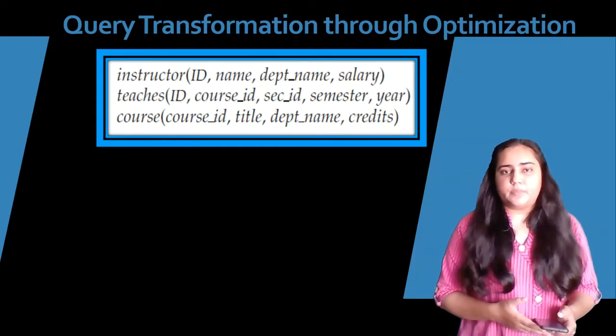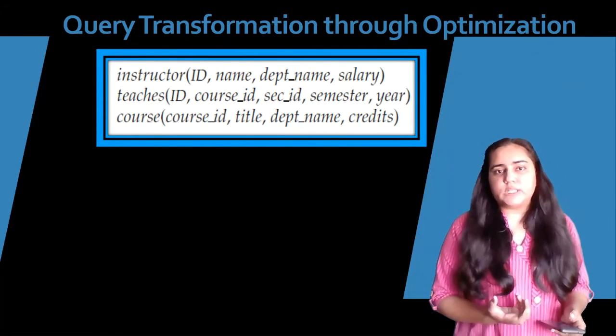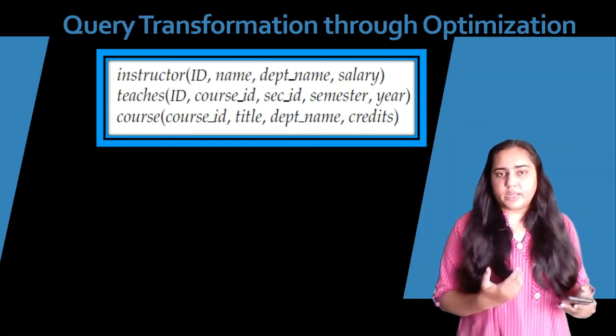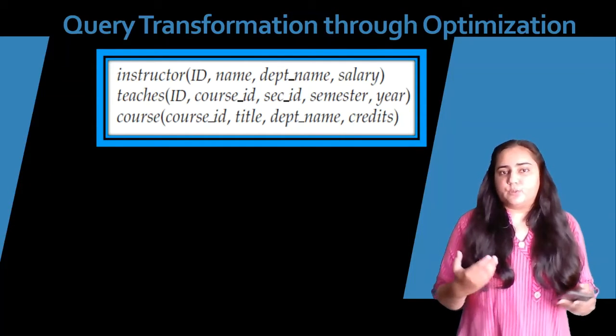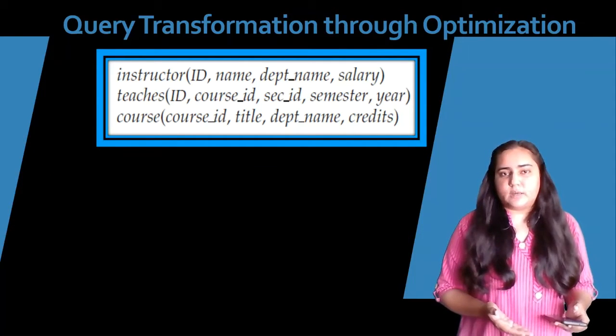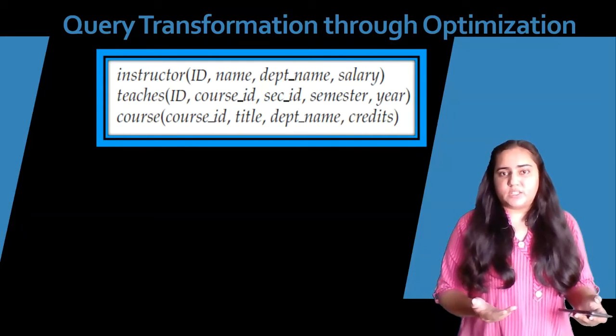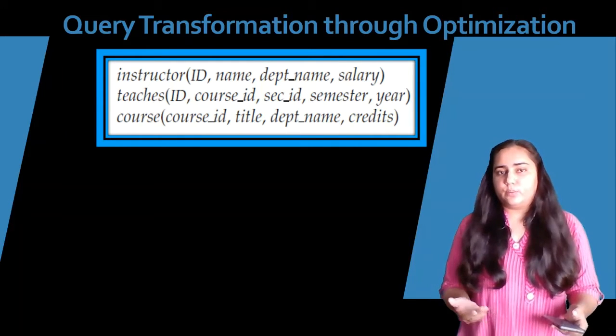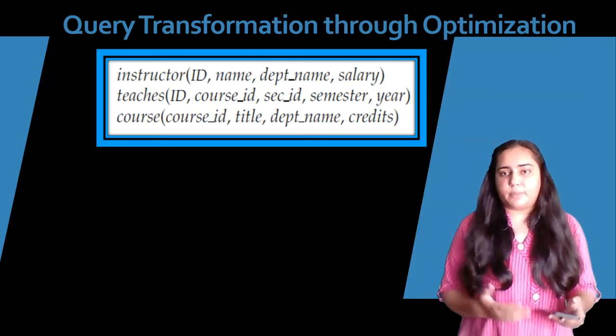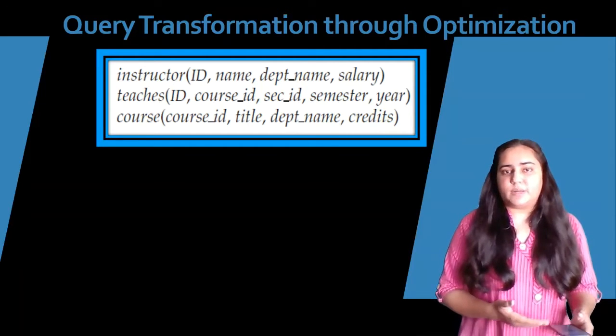Now in this, you can see that whenever I want to take a natural join, I can form a relation between instructor and course, which means I can tell which instructor is teaching which course. I can give all the details about that course and all the details about the instructor by using the teachers table.